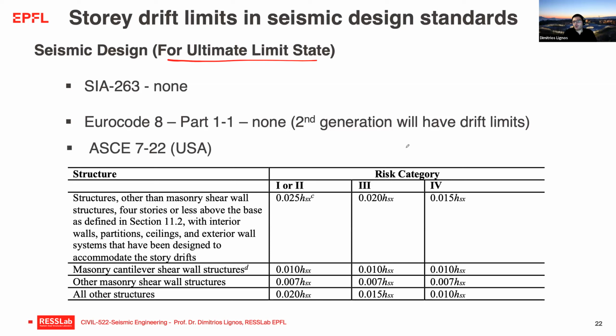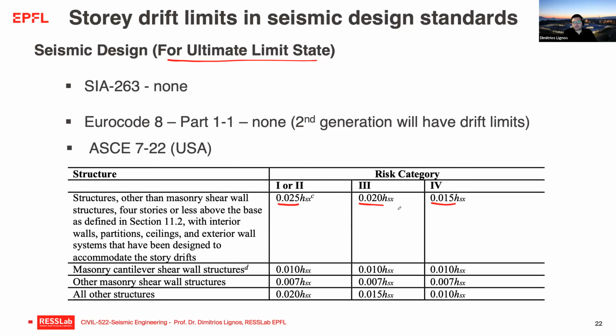If you look at other codes, they have developed quite a bit of information on this. So for instance, the American standard ASCE 7, last version is 2022. You see that for structures other than masonry shear wall structures that are 4 stories or less, with interior walls, partitions, ceilings, and exterior wall systems, depending on the risk category of the building, the drift limits could vary up to 0.025 of the corresponding story height.